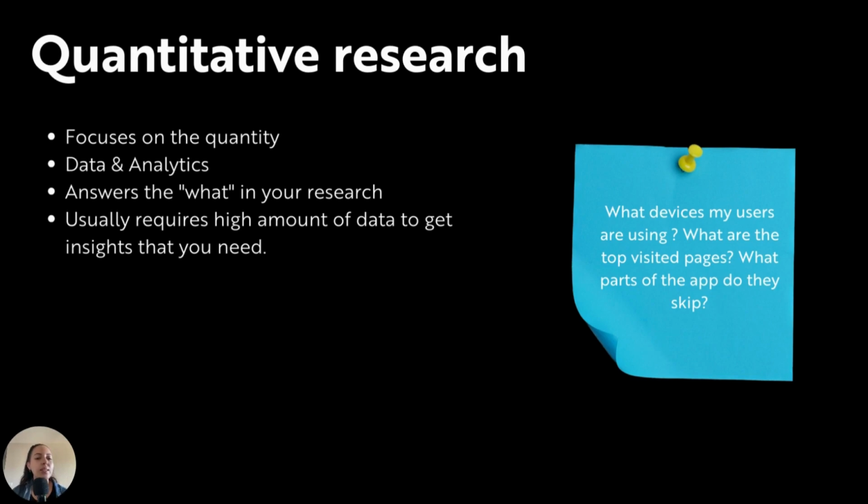There is also the answers of the what in your research. So when I mention what, it means that it's helping you understand what is happening. It's a lot of facts, a lot of data, a lot of statistics. And it usually requires a high amount of data to get insights into what you need.